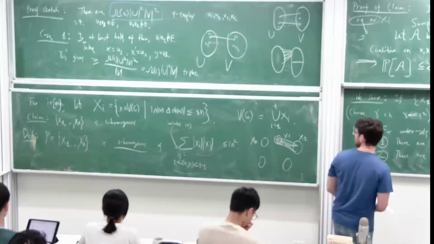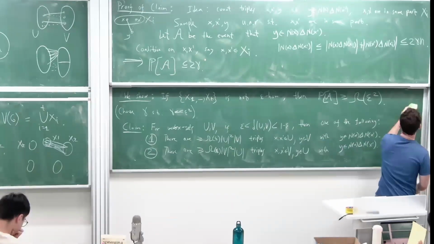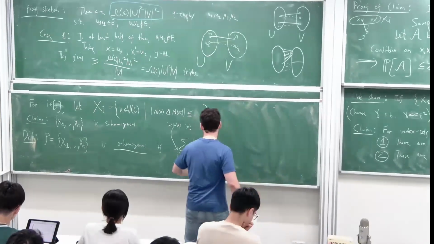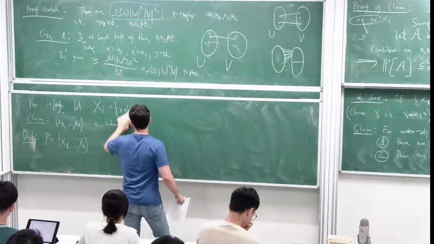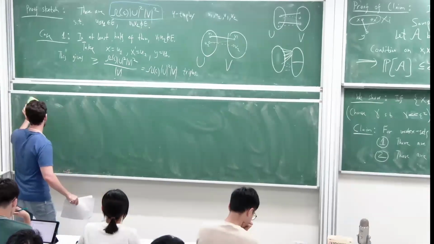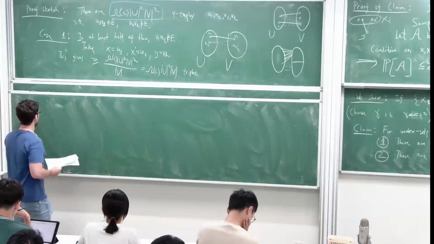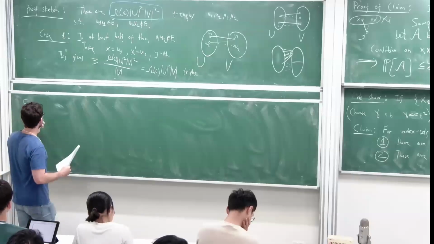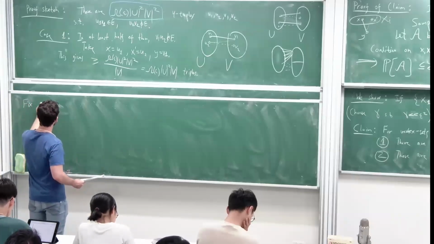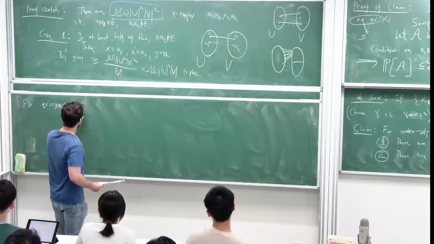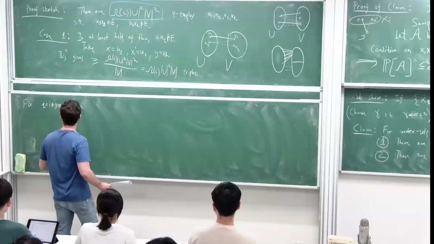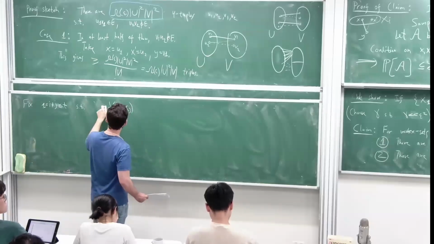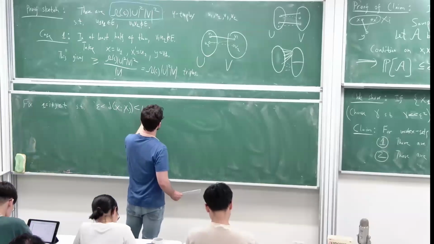Okay, so let's do this. Fix a pair i, j, say i not equal to j, such that the density of X_i and X_j is between epsilon and 1 minus epsilon.